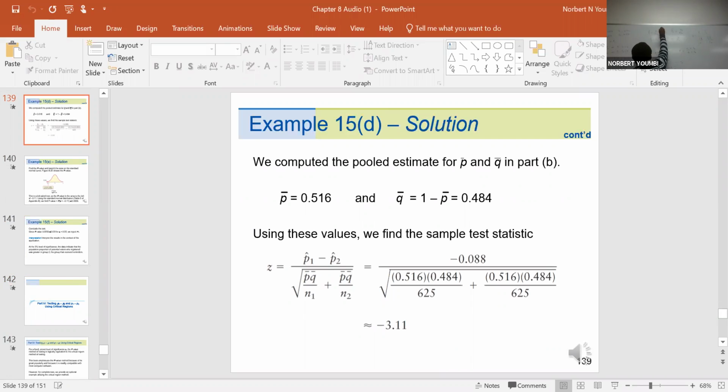For those who might be doing it manually, 295 over 625 and this is 350 over 625. So what do you get as the test value?